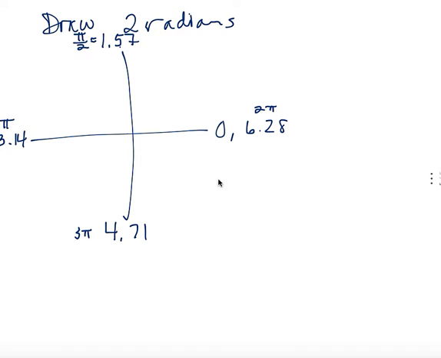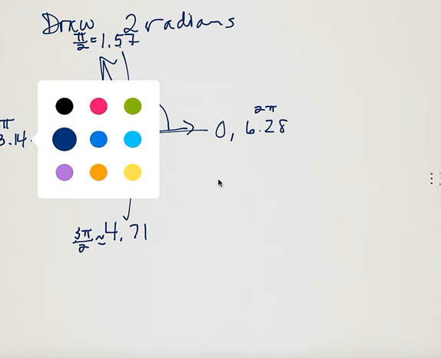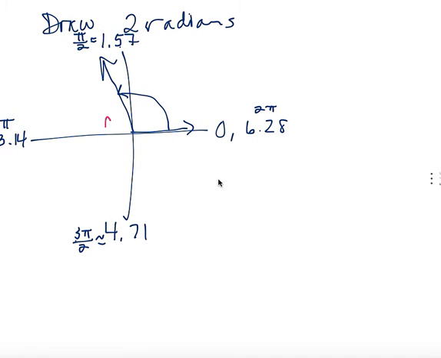So now if I want to graph a whole number or a decimal quantity of radians, I can compare them to these labels versus the labels in terms of pi. I can see that 2 is more than 1.57 and less than 3.14, so I'm going to put it over here someplace. Here's my rotation. The question now is, what is my reference angle?